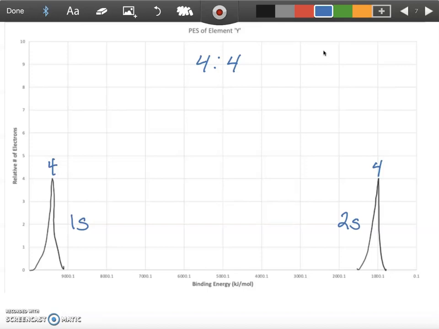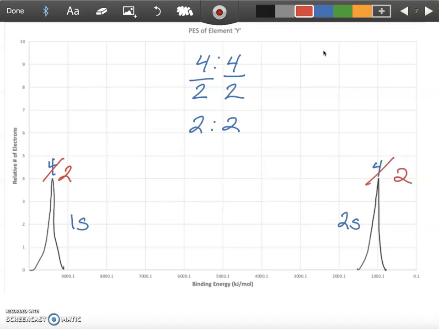So if we take each one of these numbers and divide it by 2. I should have said the least common multiple. The least common multiple between these two would be 2, okay, without it going to 1. And so this means if we divide each of these by 2, we will come up with a 2:2 ratio, which means these peaks are really 2 and 2.